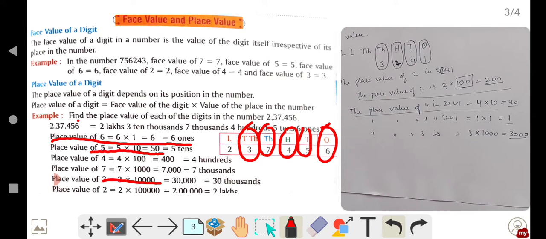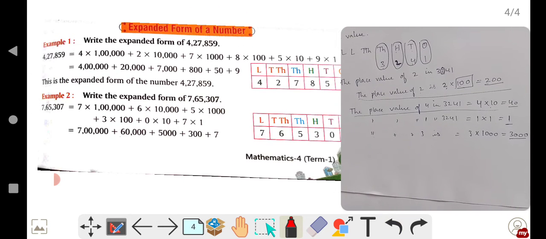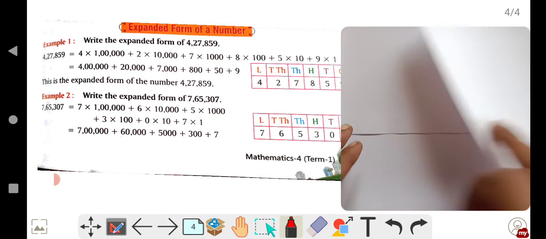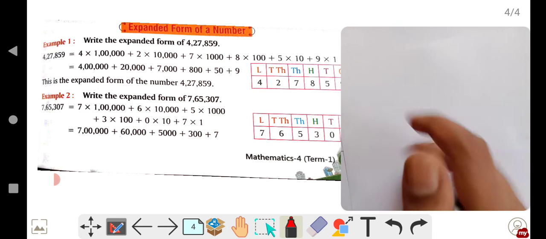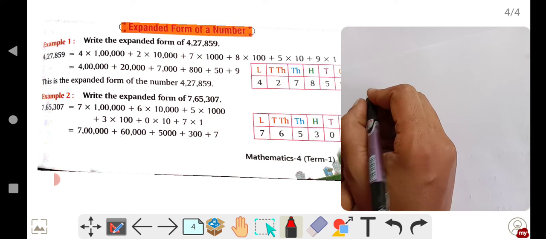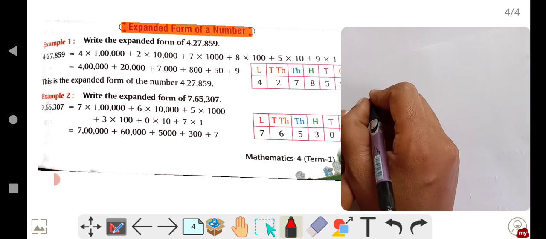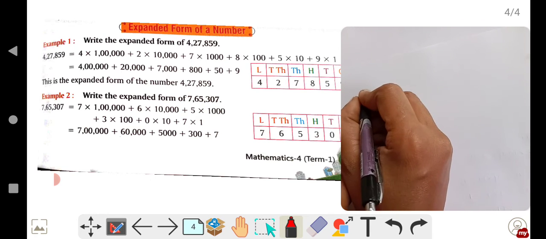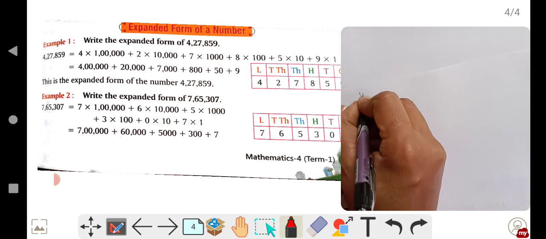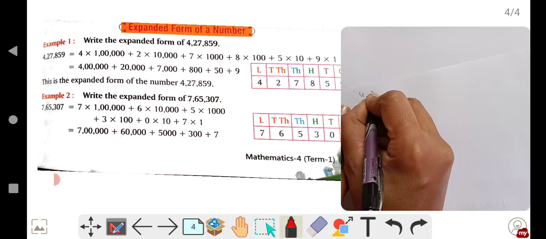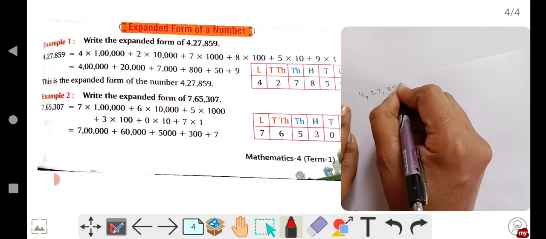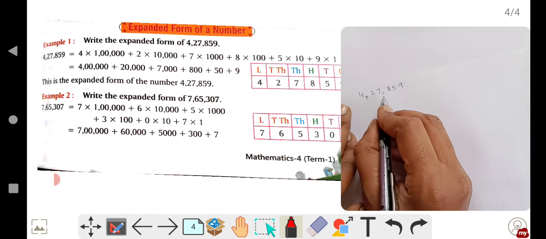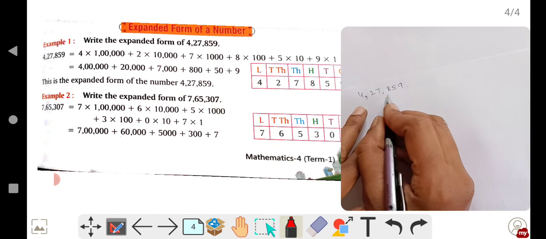Then next coming to the expanded form of a number. So what do you mean by the expanded form? Here the question is given, write the expanded form of 4,27,859. You have to write this number in the expanded form.